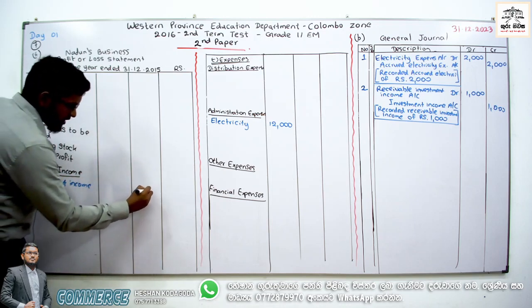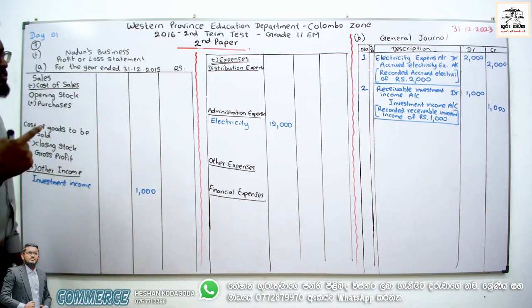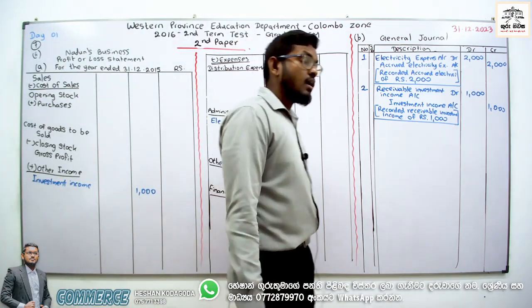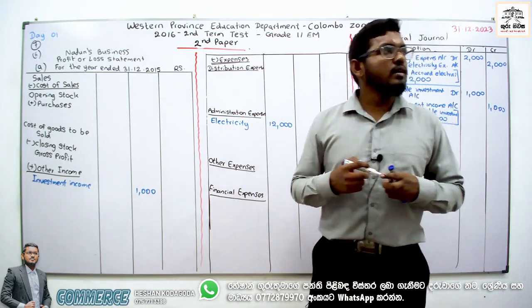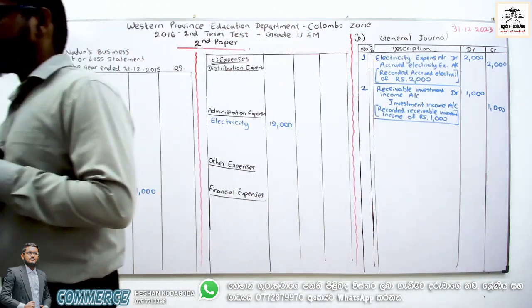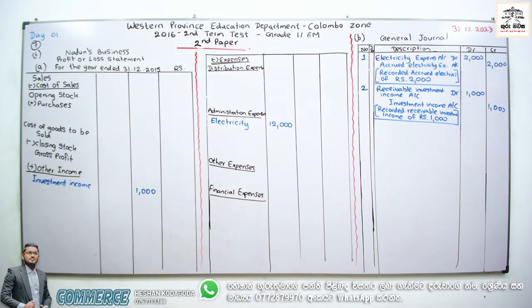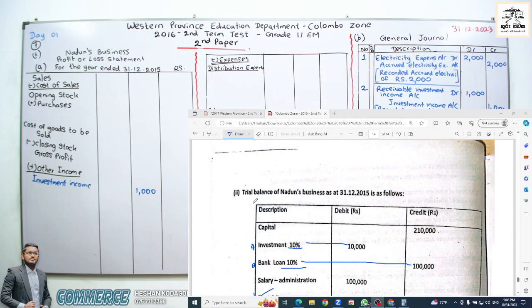We can't identify this receivable investment income under current asset because we don't need to prepare SOFP. So this is a current asset. Investment one is also done, but make sure this 10,000 is a non-current asset. You need to mention this 10,000 in SOFP under non-current assets.